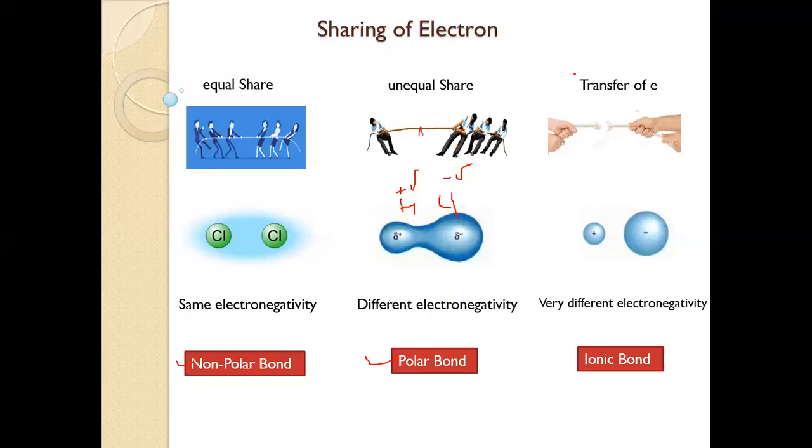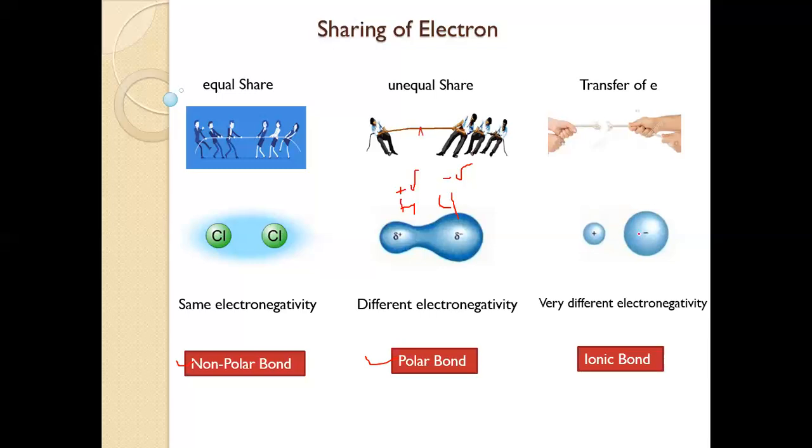And the third case is transfer of electrons. Here there is a transfer of electrons towards the one atom which has more electronegativity. Breaking of the bond takes place, and after that there is transfer of electrons. This case is obtained when there is very different electronegativity.